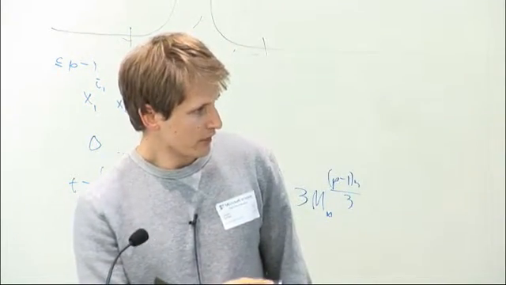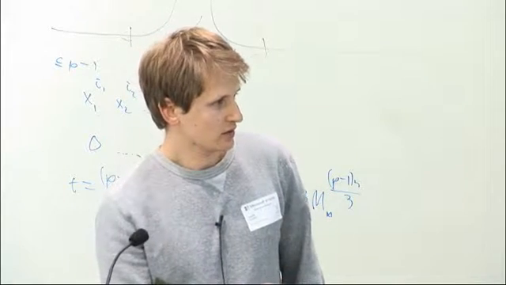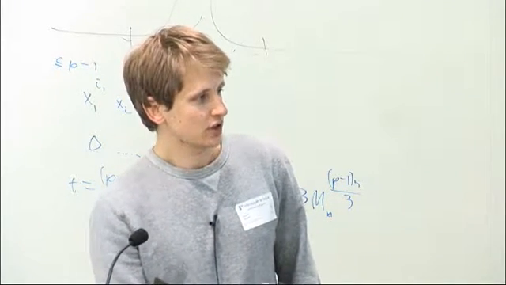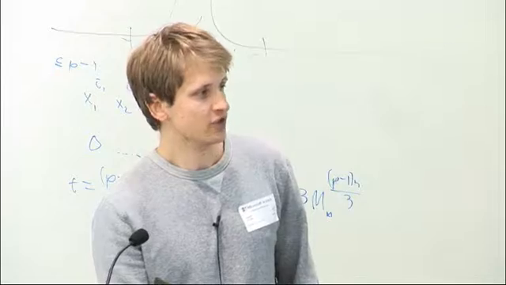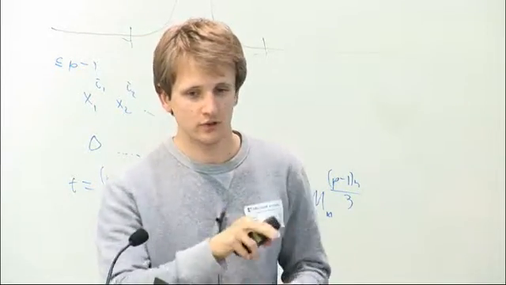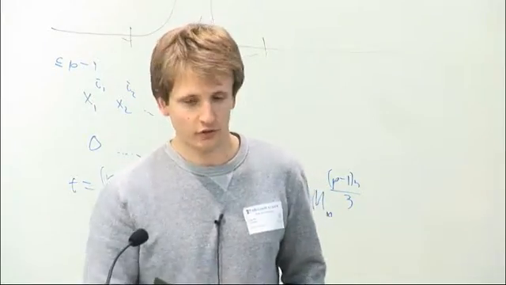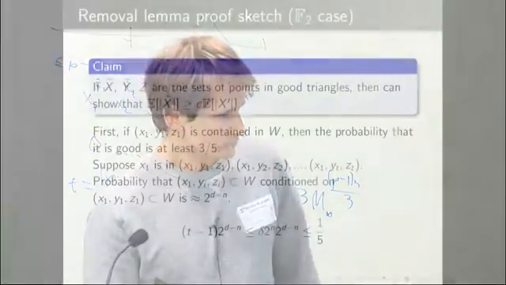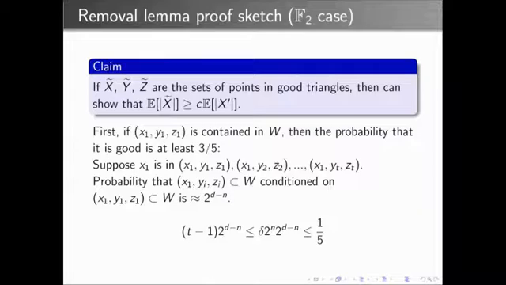So the probability that one of the other ones, conditioned on this being in the subset, is approximately 2 to the d minus n. There are some lower order terms in the fraction here. And now we know that this one is in our subset.